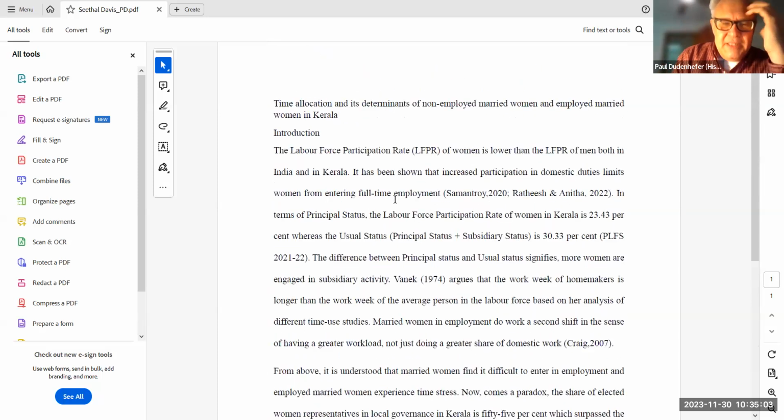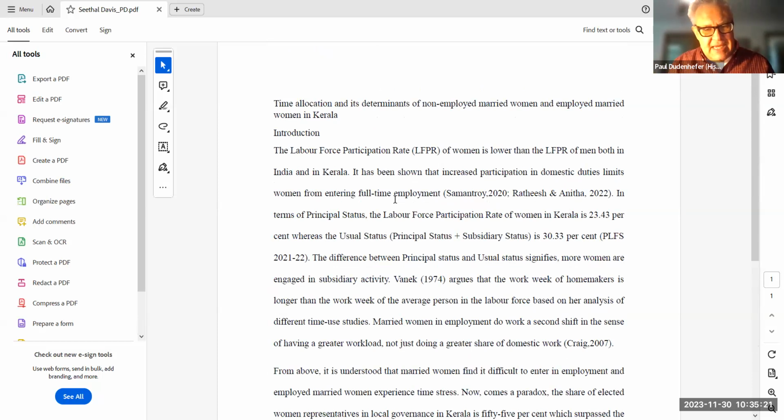So, and this is a comment for everybody in the audience. Usually, the question that you're trying to answer is a question that the secondary literature has raised.